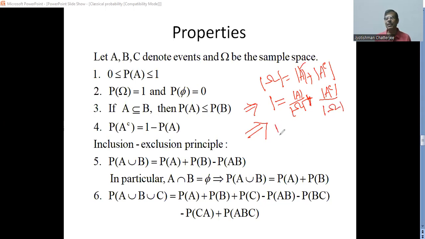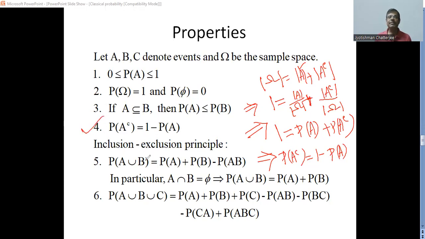And this becomes 1 equals P of A plus P of A complement, and this in turn implies P of A complement equals 1 minus PA, and that's what this one is.